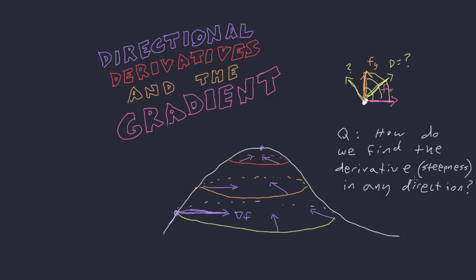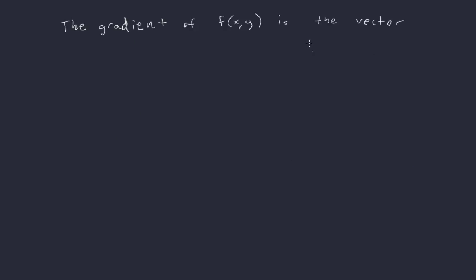To answer that, first we need to talk about what's called the gradient. The gradient of f is a vector that we use to help us find derivatives of surfaces. Here's the notation we use, an upside down triangle.